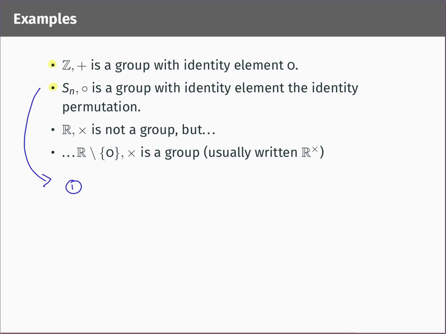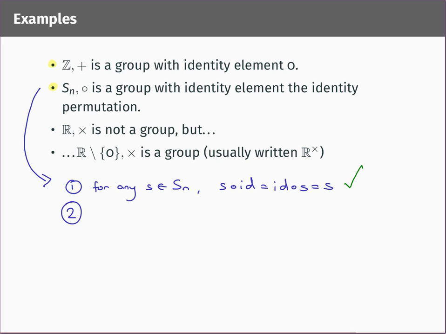Well, if you take E in the group axioms to be the identity permutation, then for any S in Sn, S composed with the identity and identity composed with S are equal to S. So that means the identity axiom is true for Sn together with the binary operation composition of functions when the special element E is the identity permutation.